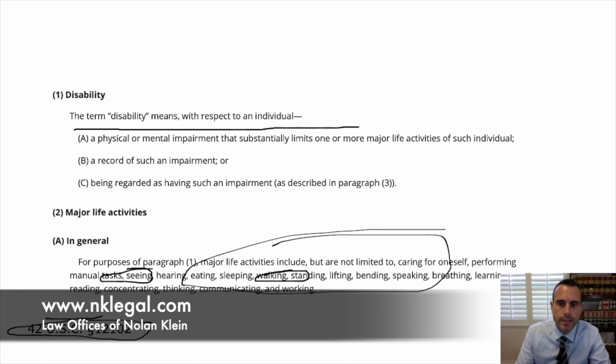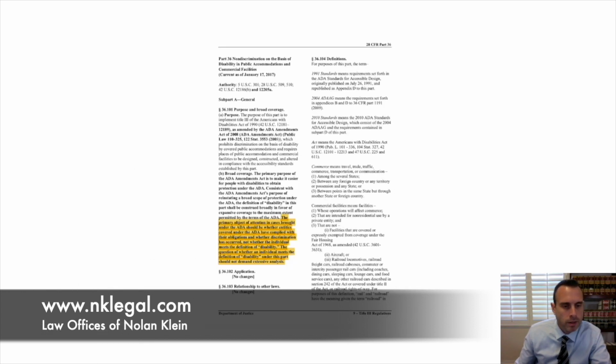The bottom line is that business owners need to know that if somebody is limited in their ability to do any of the things that are set out in this section, they are considered disabled under the law, and considering people who are limited in that way disabled is generally going to be the prudent and correct thing to do. So we move on now to slide number 9, which I thought was interesting.